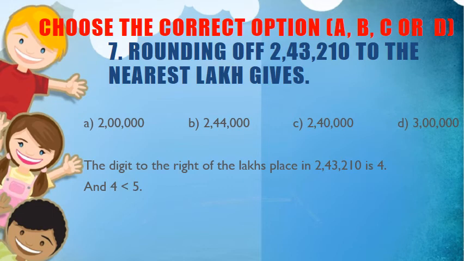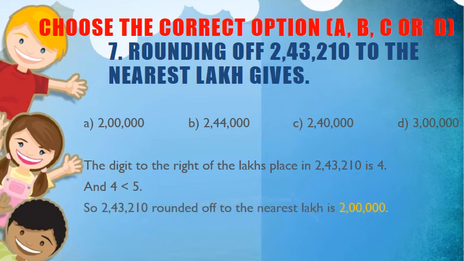So children, we are not going to change the digit at the lakh place. That is, we are not going to add 1 to the digit at the lakh place, which is 2. And we will replace all the digits to the right of the lakhs place by 0. So 2,43,210 rounded off to the nearest lakh is 2 lakh. So our option A is correct.